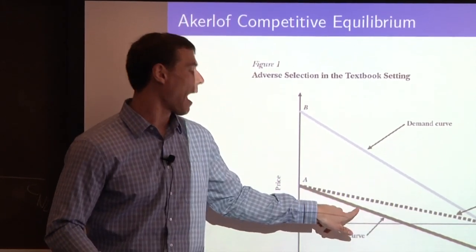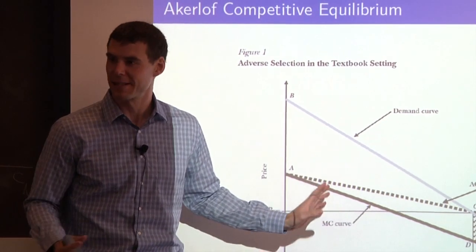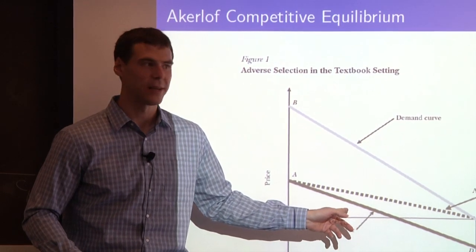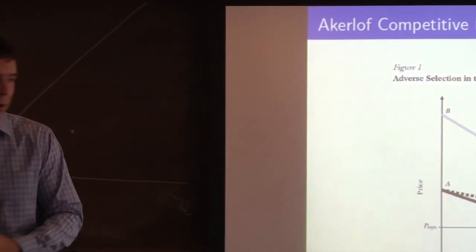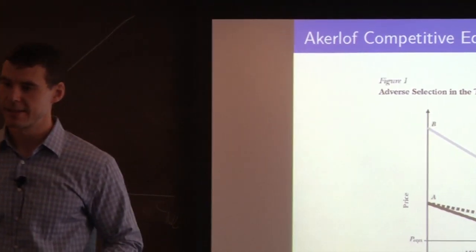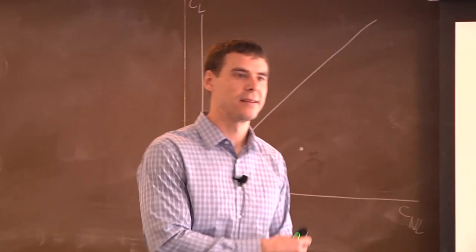You'd charge this guy his price, and maybe there'd be a markup if you had some monopolistic power. But aside from that, you drive the price down to the marginal cost curve. Does that make sense? Based on the information, you'd be tailoring the prices to the risk. So in that world, risk adjustment pricing is enough to fix everything.